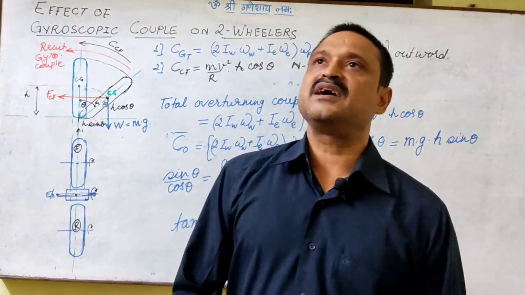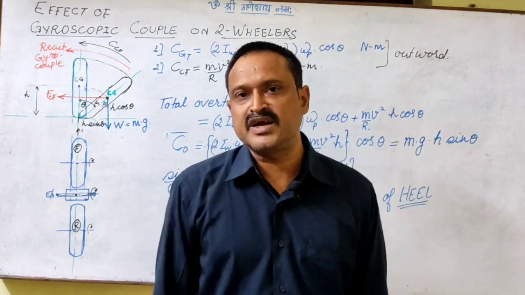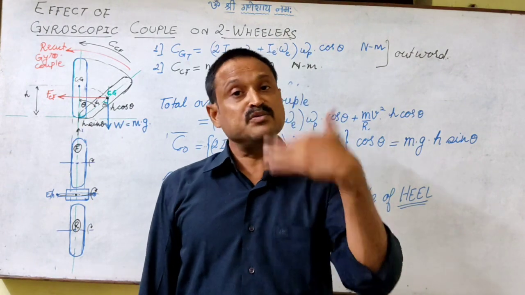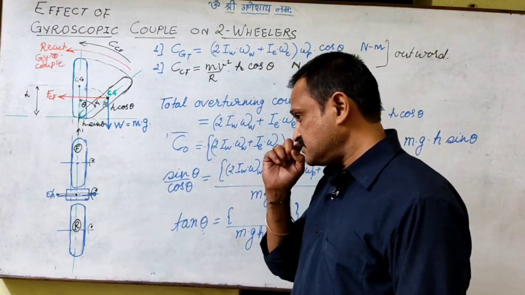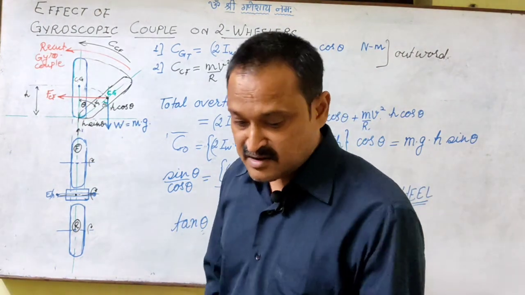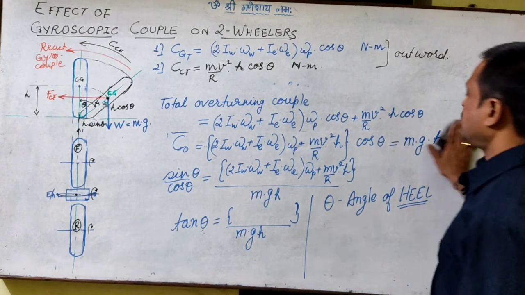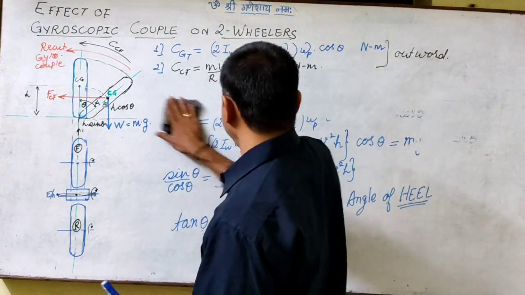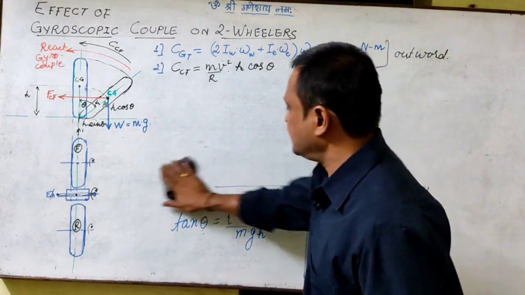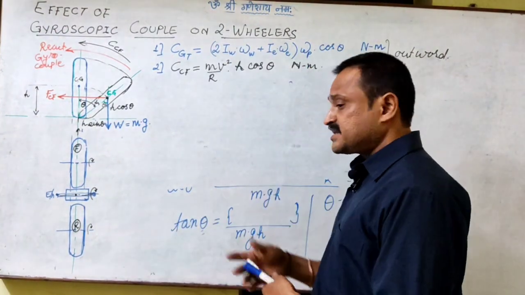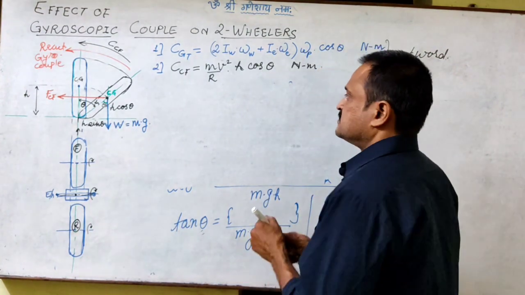So now if I am thinking for a given road condition, I cannot change the road condition, but if I want to increase the limiting speed of the condition, I can quote an example, or rather all of us must have experienced or noticed, if you compare the tires of the earlier two-wheelers.